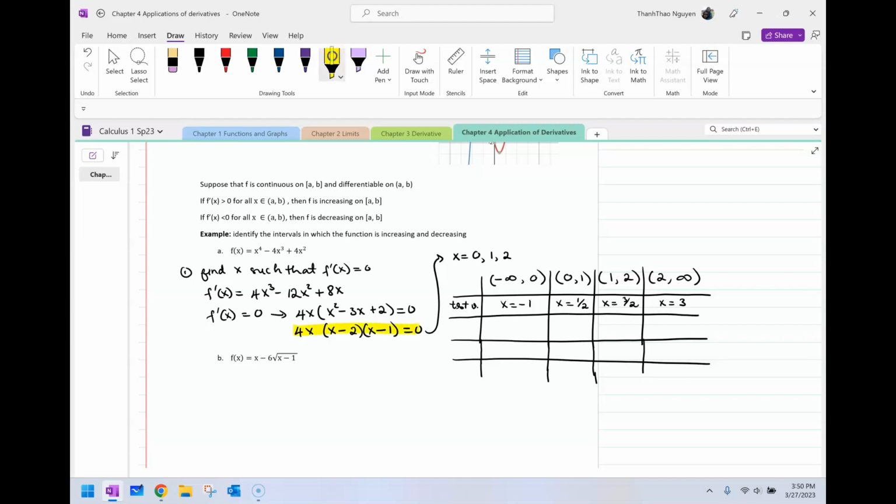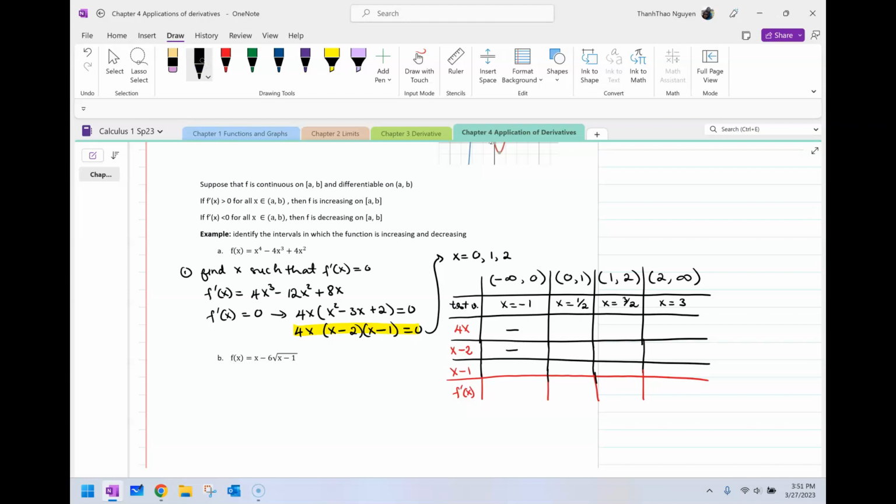So f prime of x, here we have 4x, x minus 2, x minus 1, and here consider f prime of x. In the interval of x from negative infinity to 0, 4x here is negative.